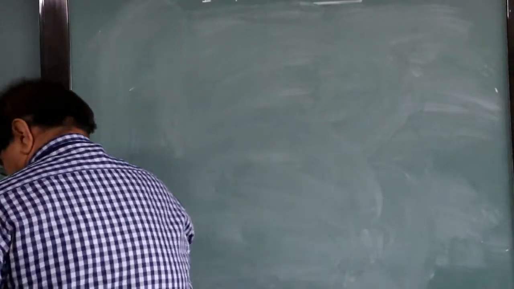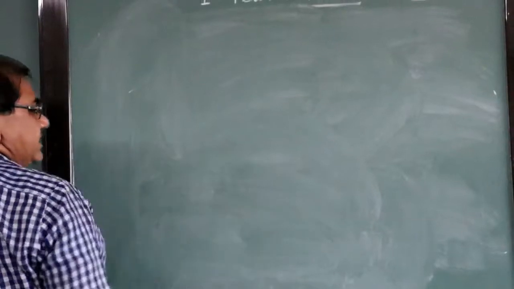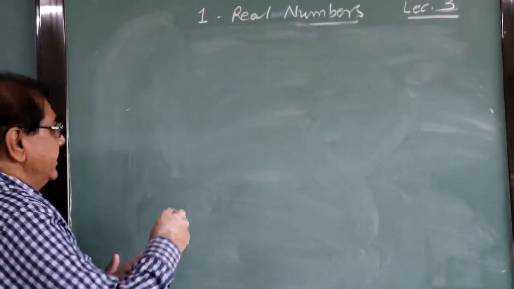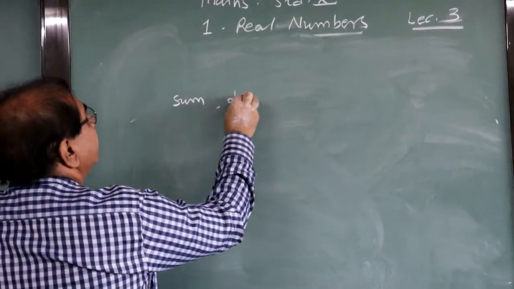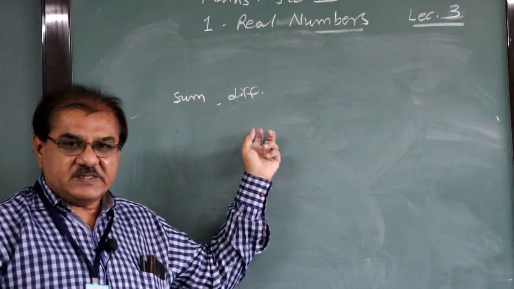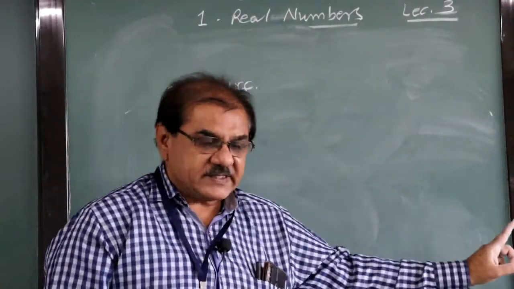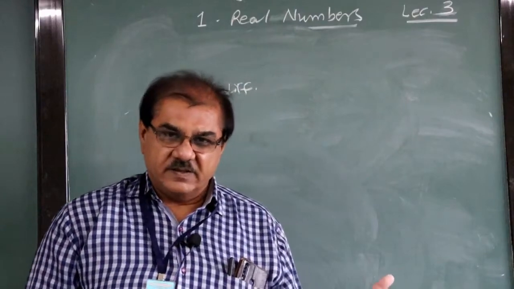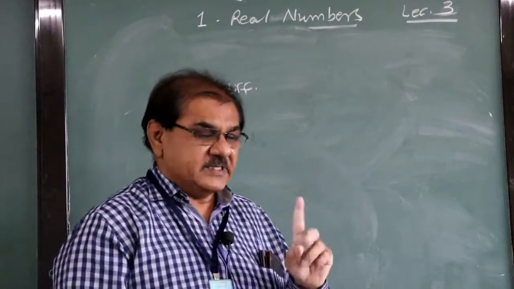Similarly, we have one more kind of number, because we have some properties of sum and difference. Sum means addition, difference means subtraction. So the sum and difference of one rational and one irrational is always an irrational number, which we have studied in standard 9.